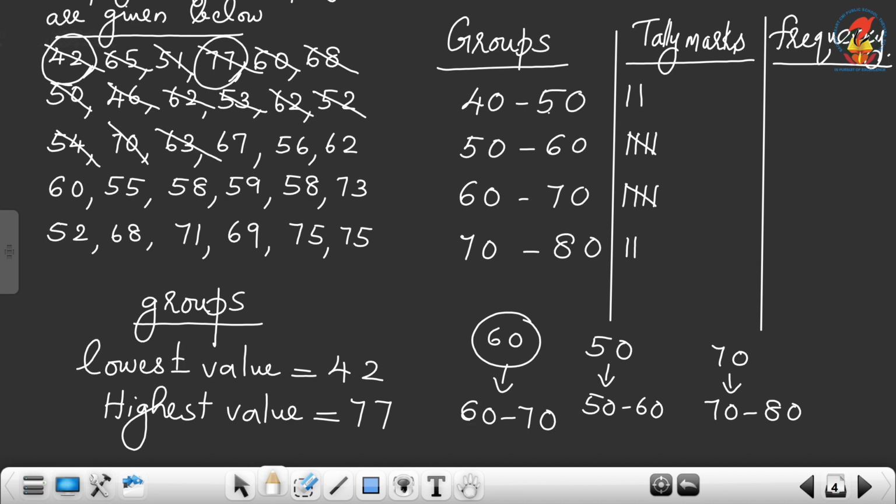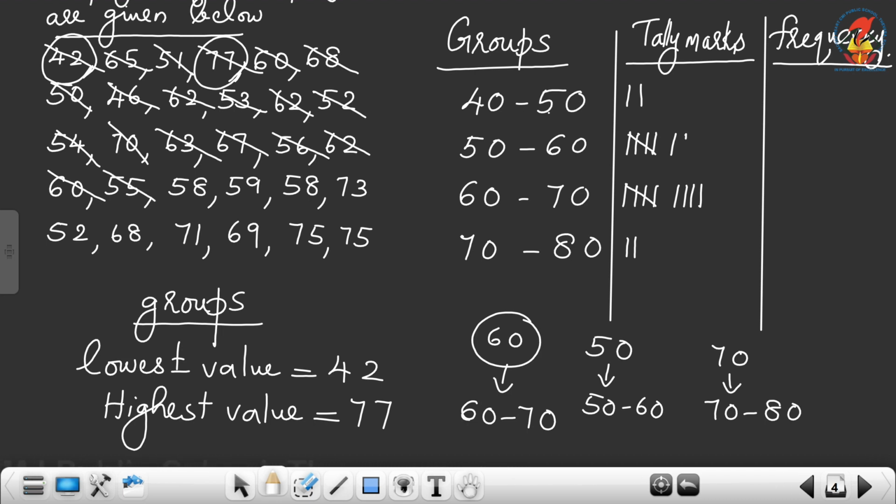Then 63, 67, 56, 62, 60. 60 will belong to the group 60 to 70.